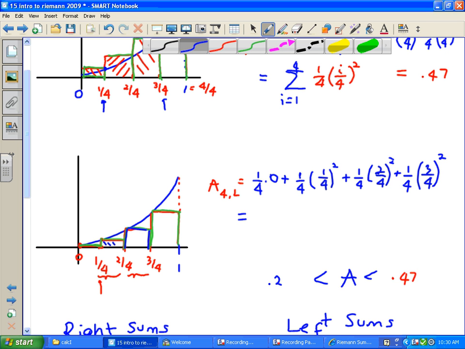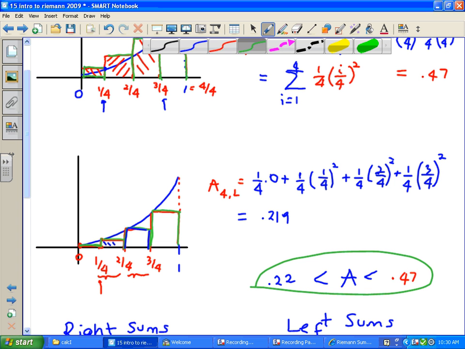So let's say roughly 0.22. So we're saying the area is going to be greater than 0.22, but it's going to be less than 0.47. This is the best estimate that we have right now.